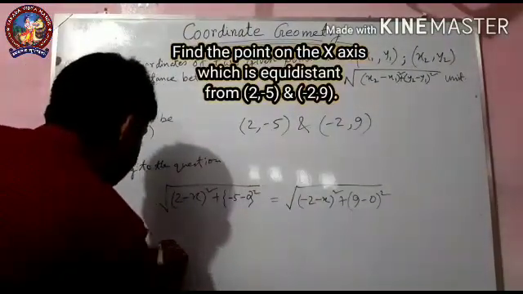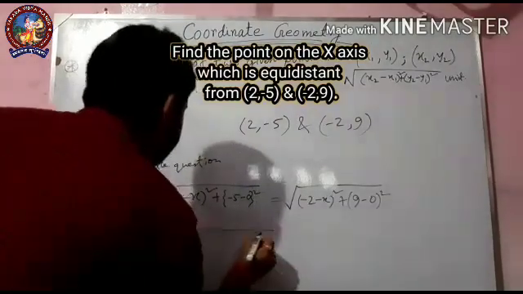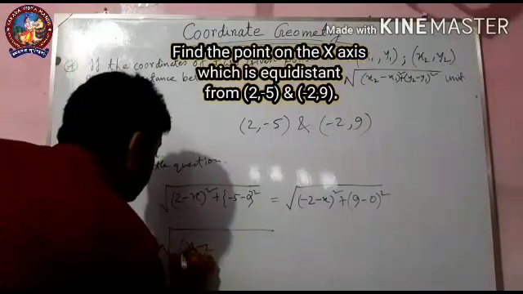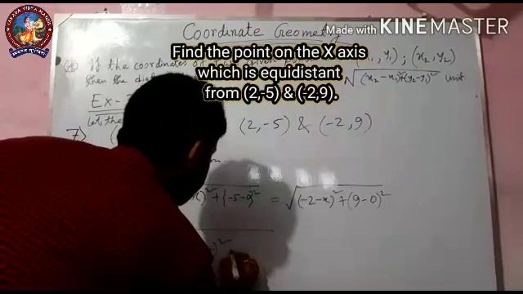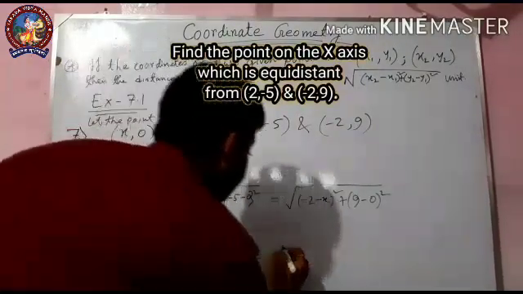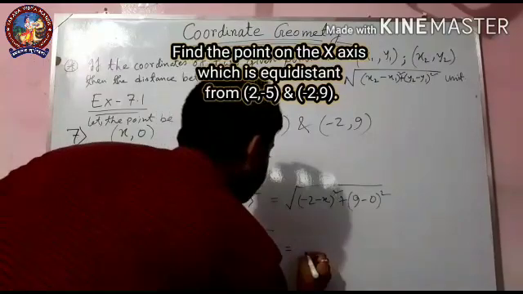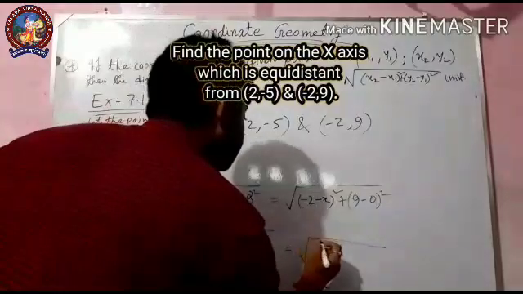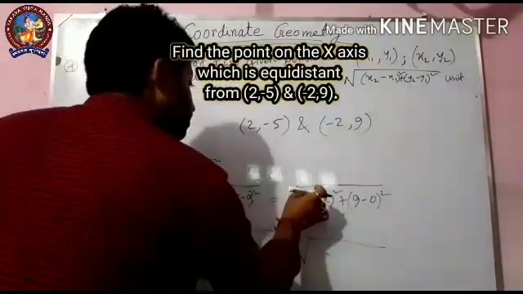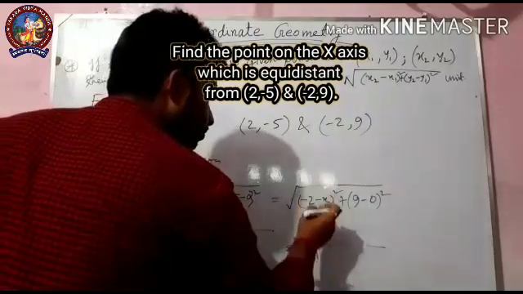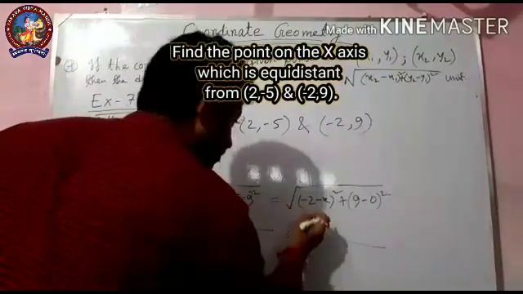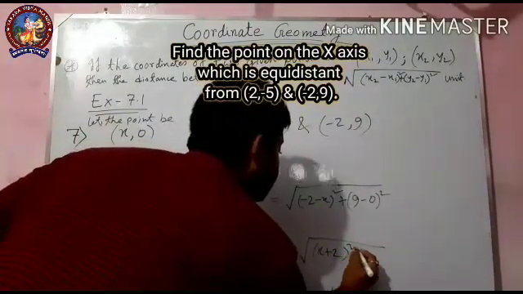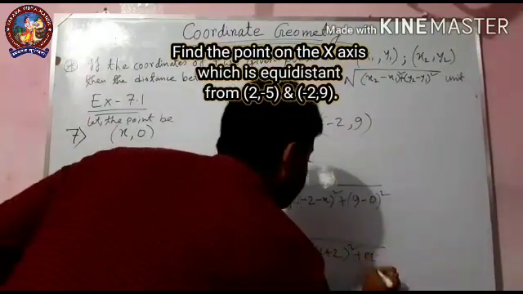Here, let's take minus as common and make it x minus 2 whole square plus 25, and here it will be, take minus as common, minus square, here it is minus whole square, so minus will be omitted if we take minus as common at the front. Then it will become x plus 2 whole square plus 81, right?